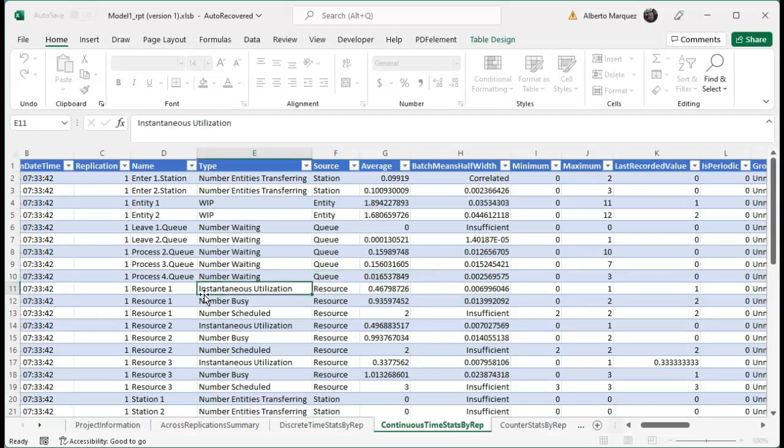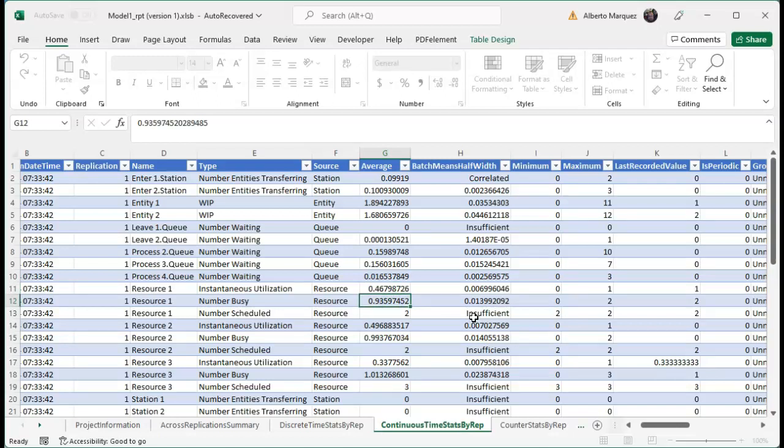We can estimate the instantaneous utilization. This is total time busy divided by total time available, and the number is 0.46. For resource 1, number busy is 0.93.